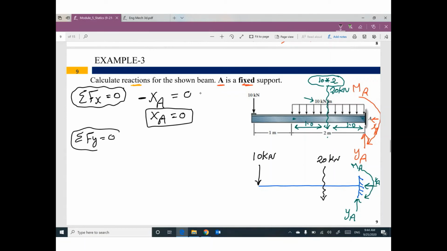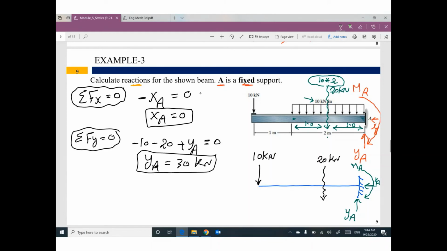What do you have in the y direction? We have negative 10, we have negative 20, we have positive YA. Do you have anything else? No. Equals 0. From this equation I can figure out the unknown, so the value of YA will be positive 30 kilonewton.